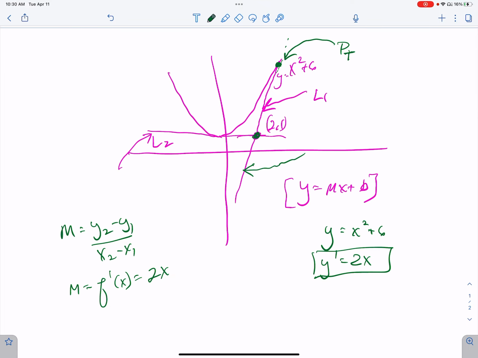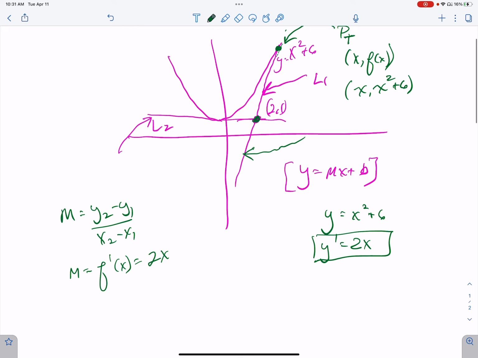Well, what are the coordinates of that point? What do we know? Well, we don't know hardly anything, but we do know we can represent it as (x, f(x)), which can be specifically represented as (x, x squared plus 6). And the observant students may now begin to see where we're headed with this.